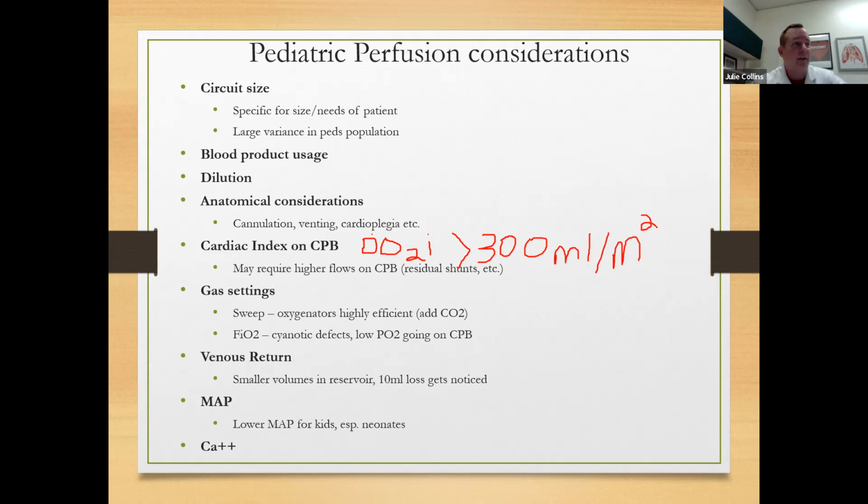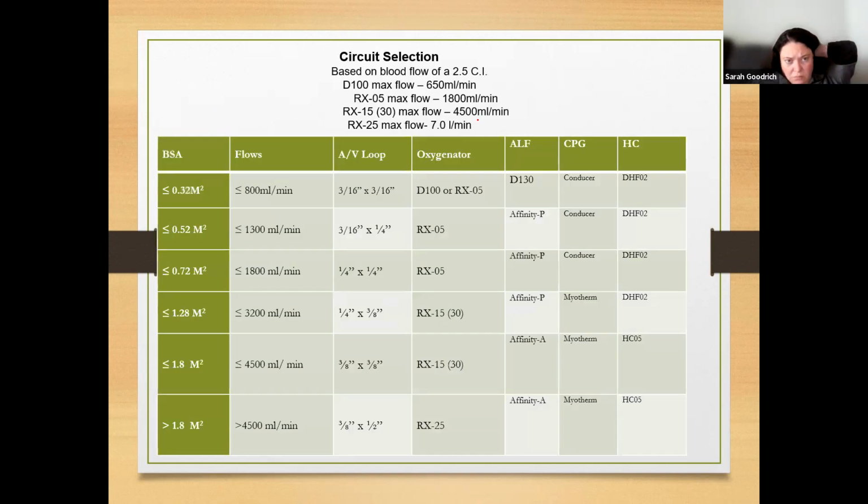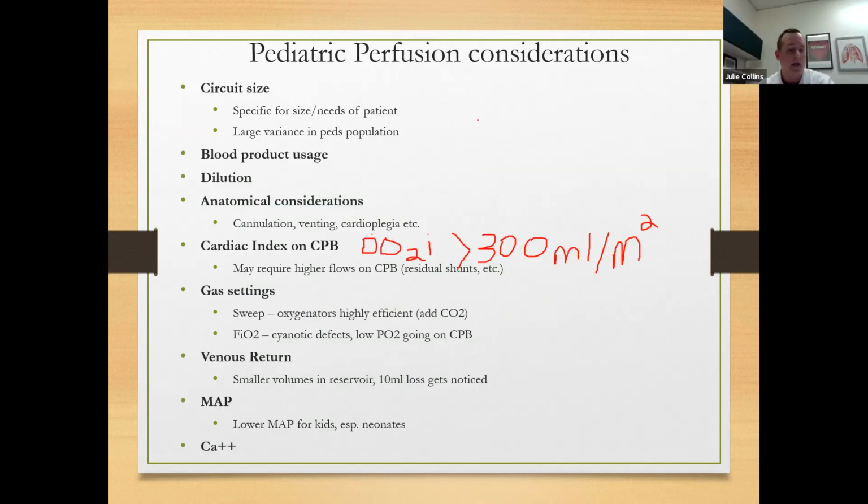And how do we calculate oxygen delivery index? What do we have to calculate first? Should have got this in a perfusion class. Volume.